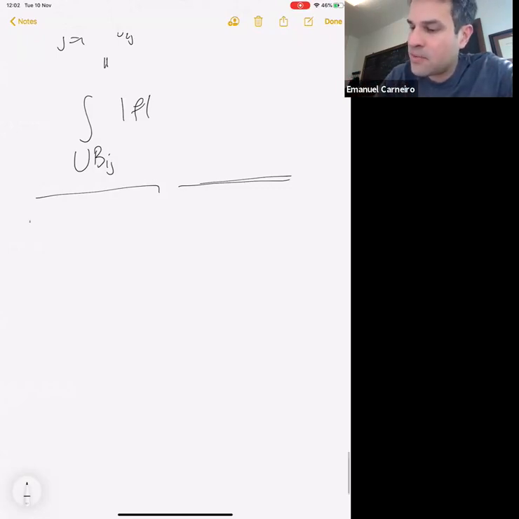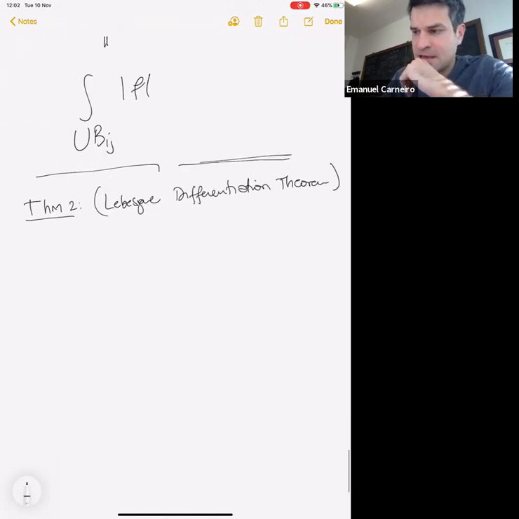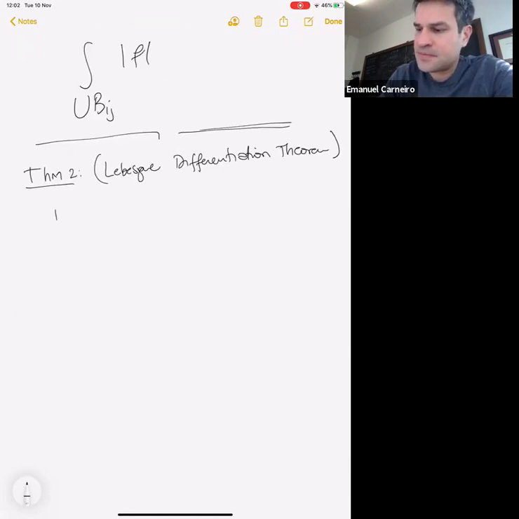And now we are able to prove the main theorem of today. This is called Lebesgue's differentiation theorem. The theorem is the following.